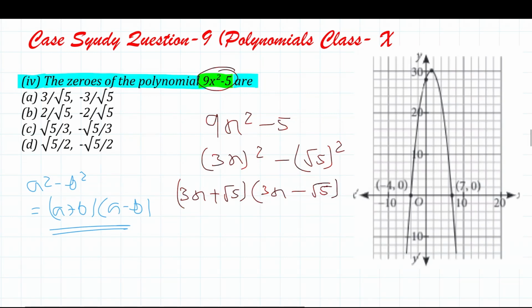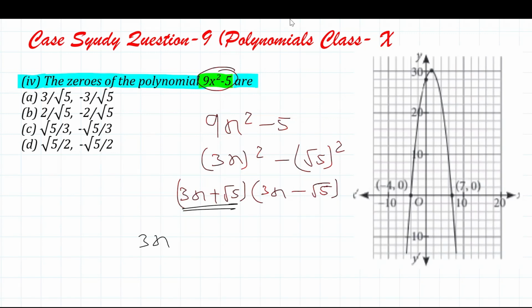Now, once we have done this, we have to get the zeros. And how do we get them? By equating the factors with 0. Equating the first factor with 0, what should I get? It should be minus under root 5 by 3.